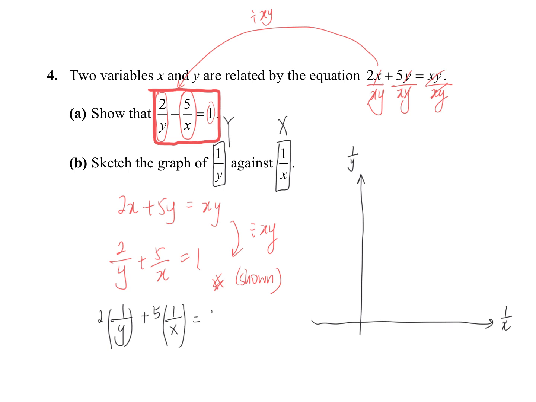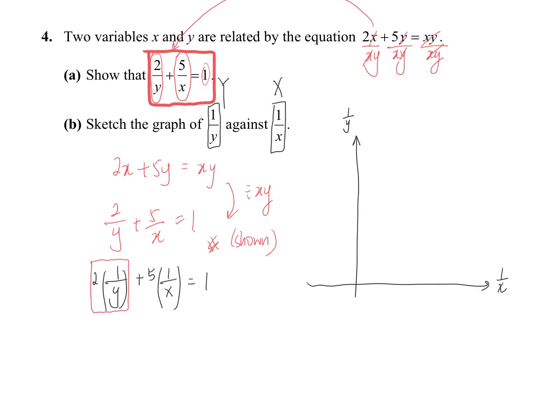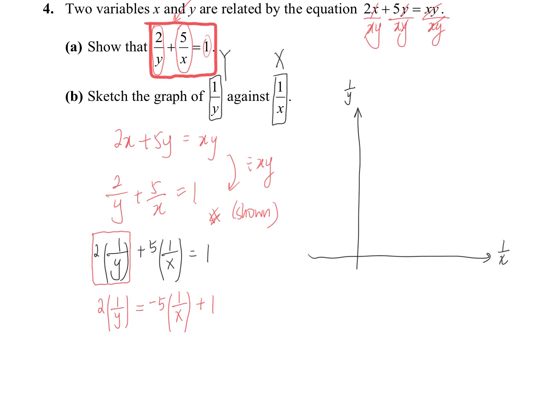How do I get there? First, I keep my y on one side, right? So this is my y. So I'm going to leave this as the expression here. So I'm going to bring my x to the other side. So it becomes like that. Correct? Okay, and then I don't want the 2 in front. So I will just divide by 2 throughout.